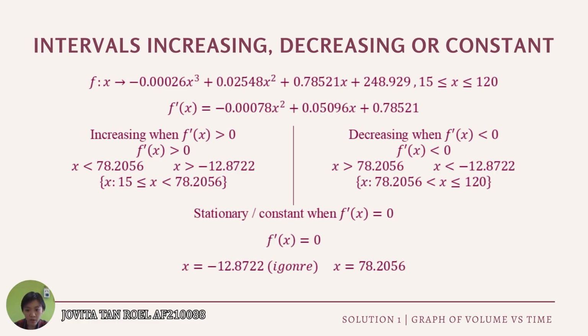Since we set the range of the equation between 15 and 120, therefore it is increasing when x is larger than or equal to 15 and smaller than 78.2056. For decreasing, f prime is smaller than 0. It is decreasing when x is larger than 78.2056 and smaller than or equal to 120. For the stationary point, f prime is equal to 0. Therefore, it is constant when x is equal to 78.2056.